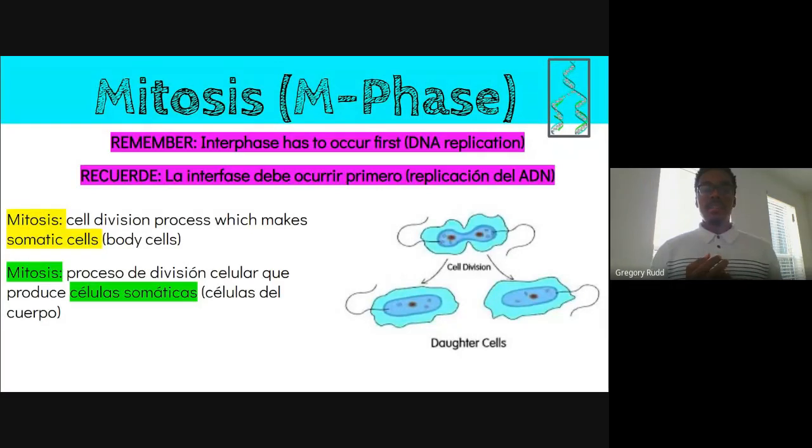But mitosis is the cell division process that makes somatic cells. And if we remember from yesterday, somatic cells are body cells, like muscle cells and nervous cells and stomach cells, skeletal cells. So mitosis makes somatic cells.